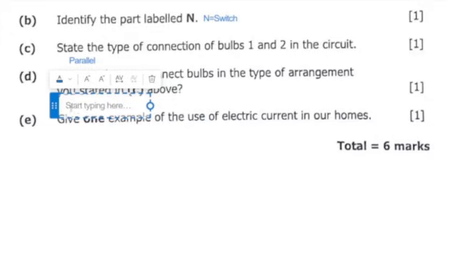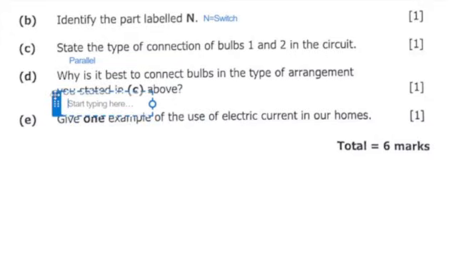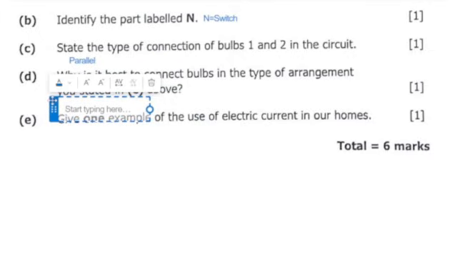Okay, so the question is, why is it best to connect bulbs in the type of arrangement you stated in C above?